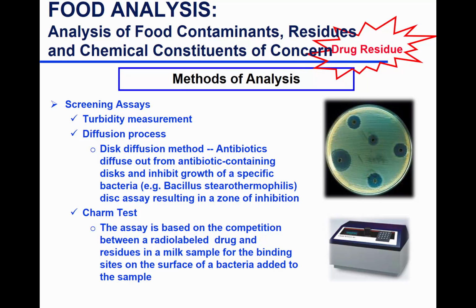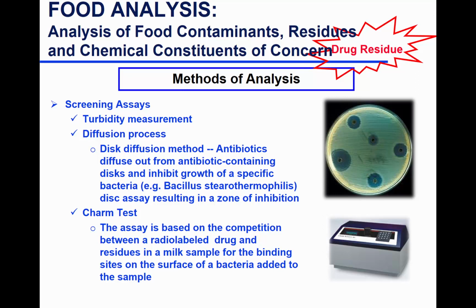So screening assay, there is the very common one, which is the disc diffusion method. Oh, turbidity is measuring just the turbidity based on measuring absorption. But the disc diffusion method, here you have a plate with an agar, and then if you see here, these little dots are discs that you put your sample in that you are suspecting that it has antibiotics in.